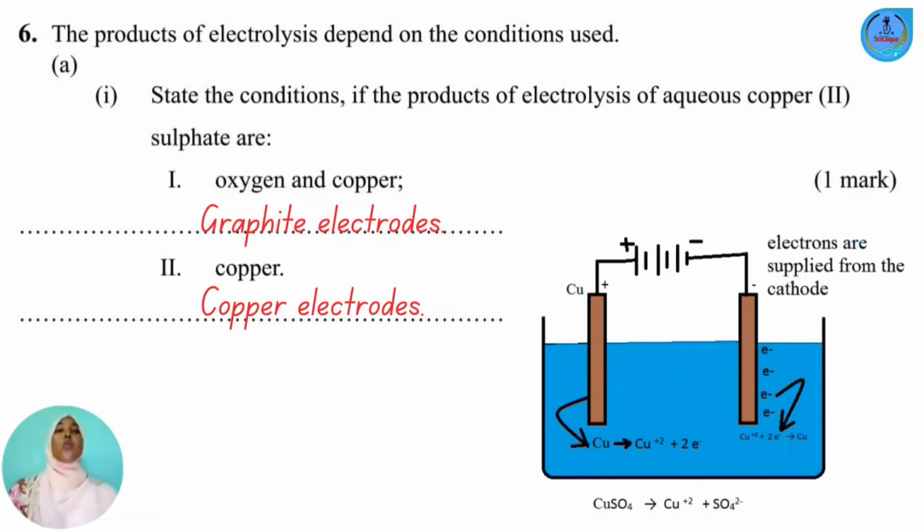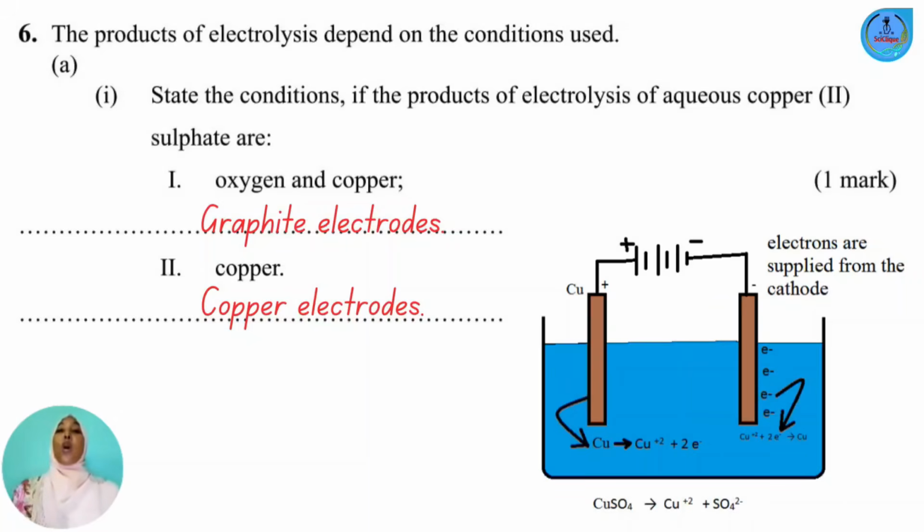Now, if we were to use copper electrodes, we are only going to get copper metal. No oxygen gas will be produced. Now, at the anode, you are going to have copper atoms present in the copper electrodes, losing electrons and then going into the solution as copper ions. So no discharge of hydroxide ions.